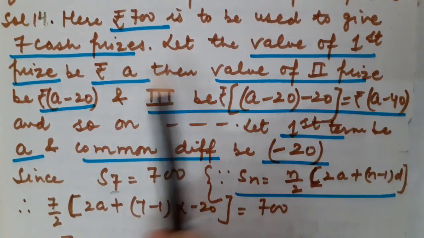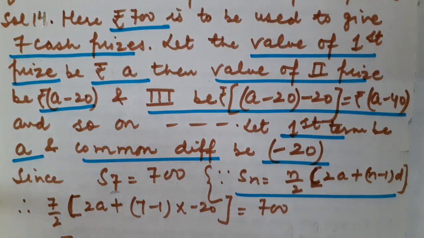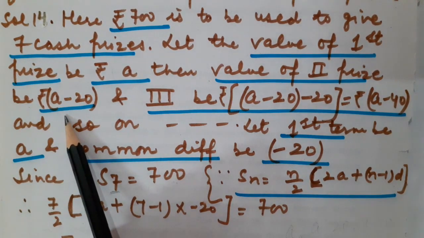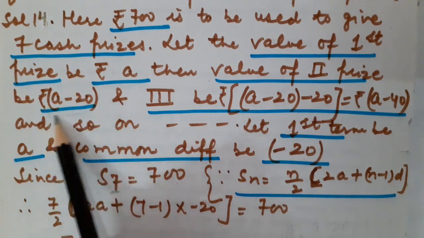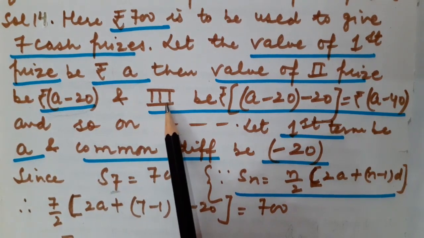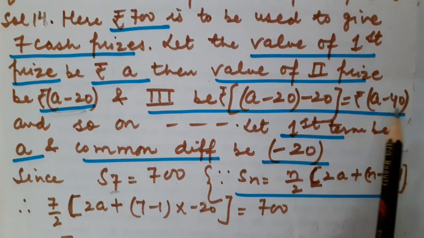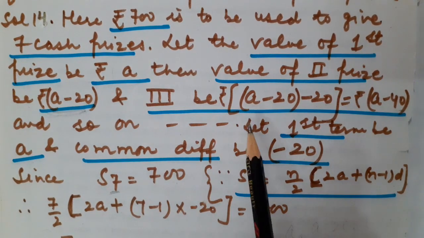So let the value of the first prize be a. Then you have to tell the value of the second prize. As it is given in the question that each prize is 20 less than its preceding prize, definitely it would become a minus 20. And the third prize will be again 20 less than a minus 20, so it would become a minus 40 and so on.